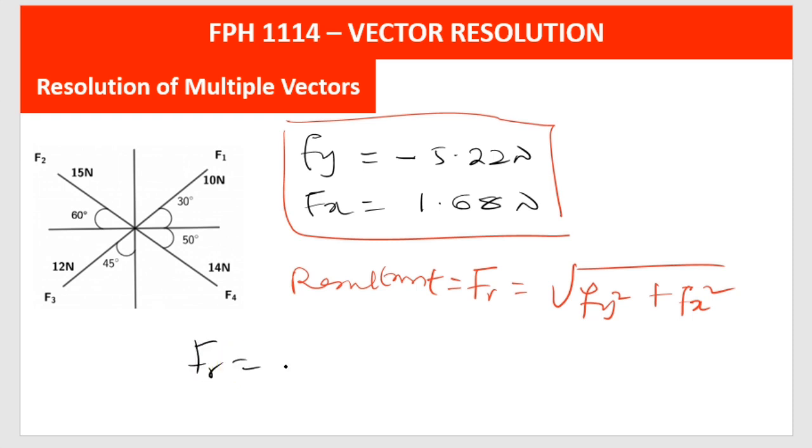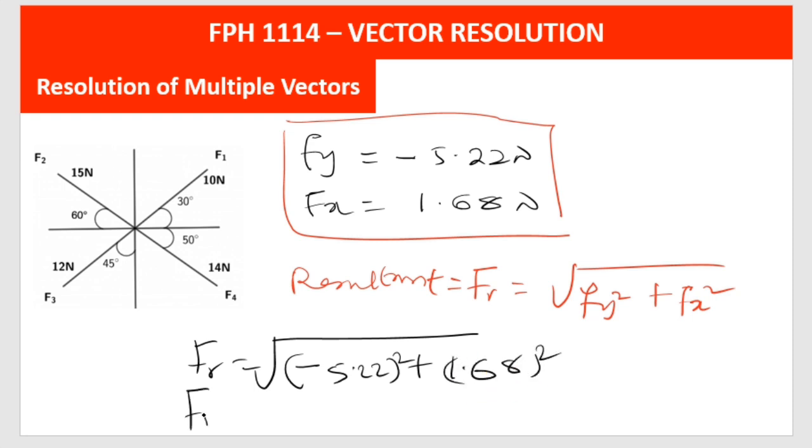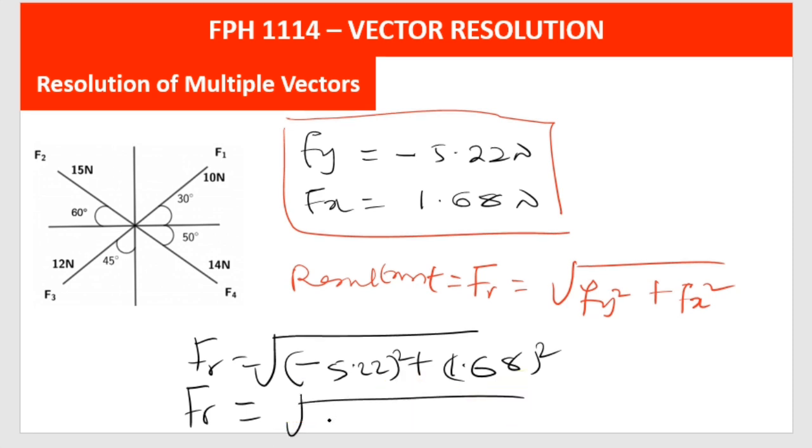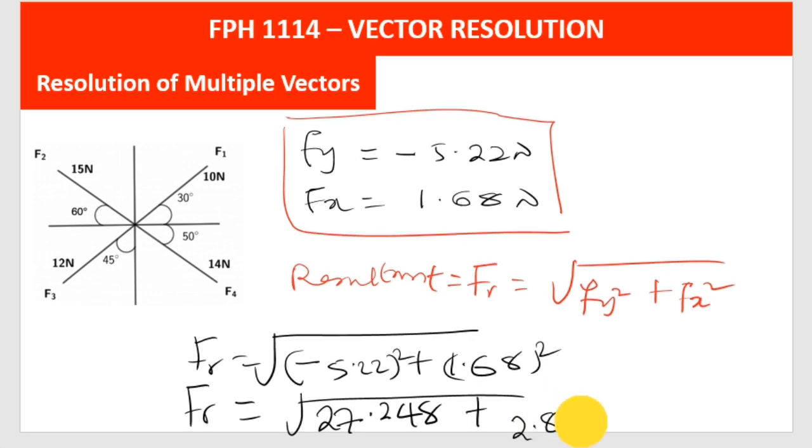So Fr is equal to the square root of minus 5.22 squared plus 1.68 squared. 5.22 squared gives us 27.248, plus 1.68 squared, which is 2.884.